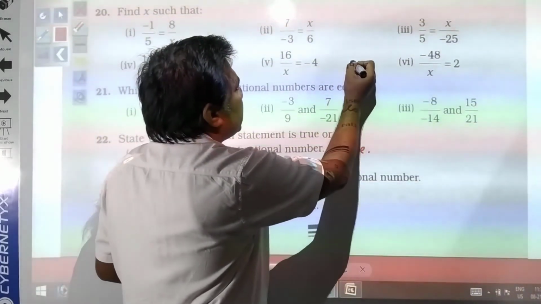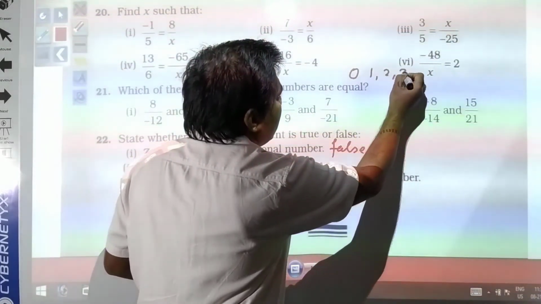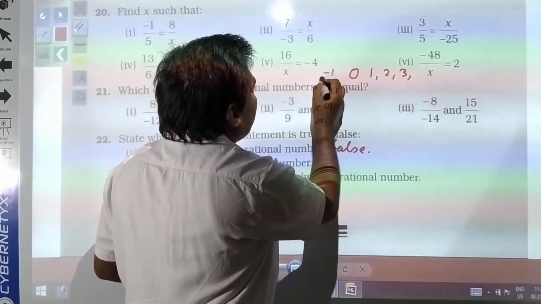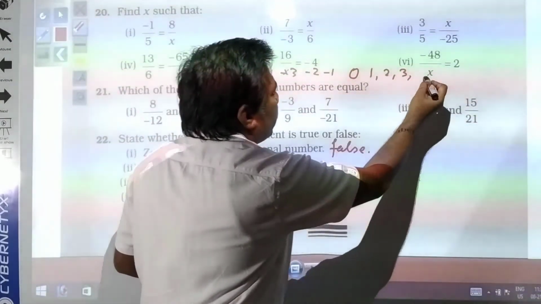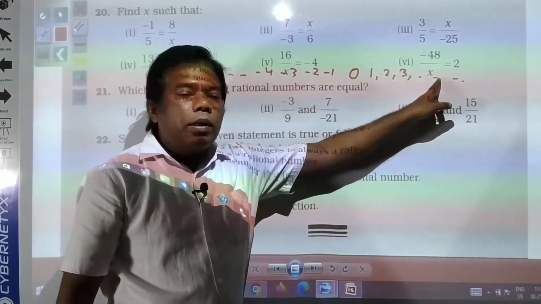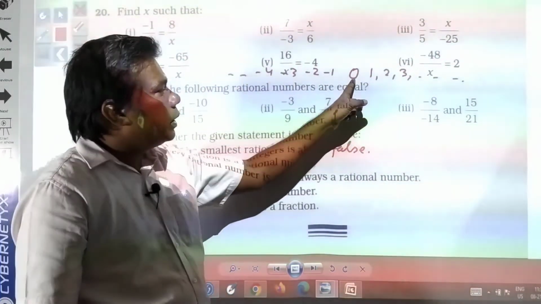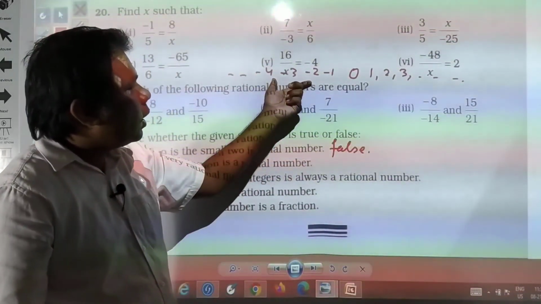So integers include positive counting numbers, negative counting numbers, and 0. All together are integers. So they all are rational numbers.